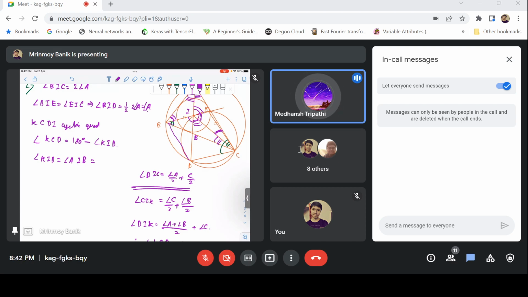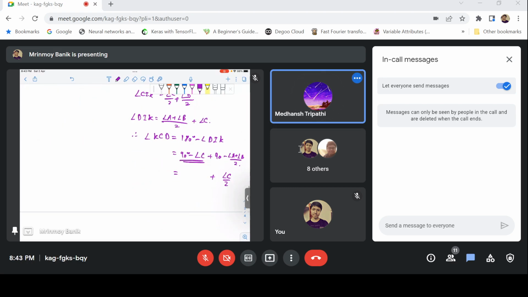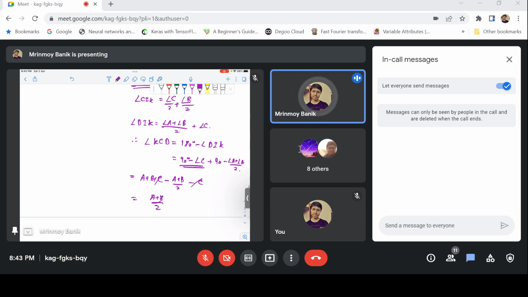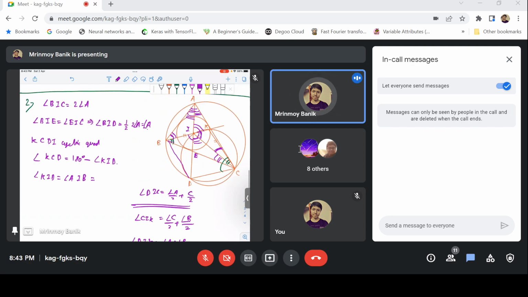So instead of writing 180, write A plus B plus C. So we have A plus B plus C minus C, plus A plus B by 2 minus C. So the C is cancelled, so A plus B by 2. Okay, so KCD is A plus B by 2.